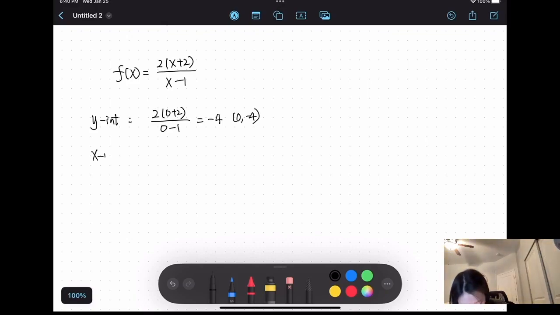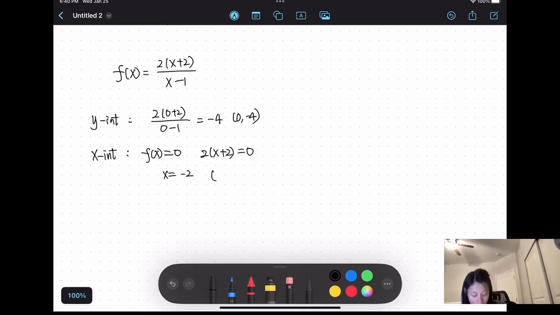And then the x-intercept is going to be what? X-intercept is when the whole function equals 0, which means the top equals 0. So I have 2 times (x plus 2) equals 0. So x is going to equal negative 2.